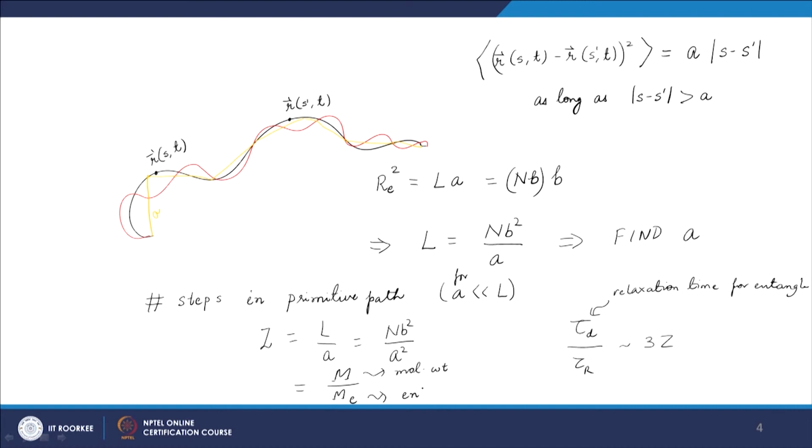This will be called entanglement molecular weight, and again it is a similar parameter like A. So, I can talk of A as a length along the chain or a molecular weight at which entanglements start to appear in the system.